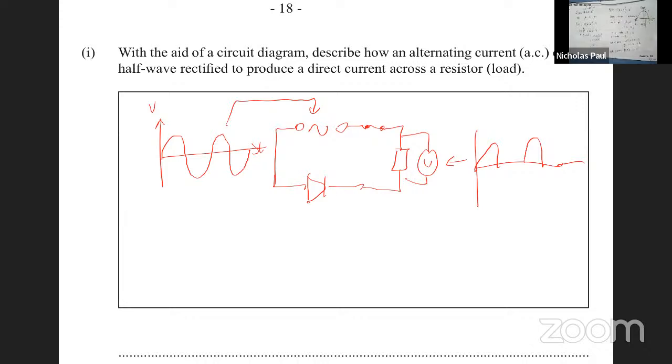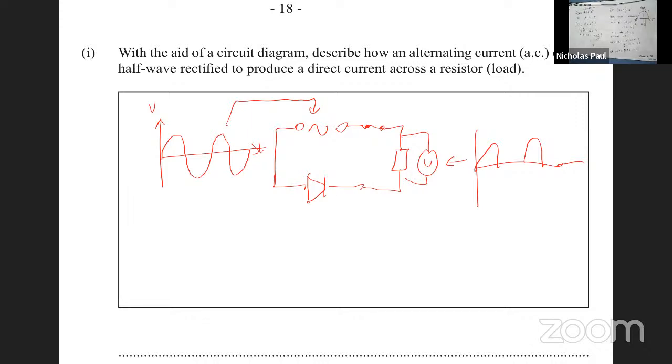Give them a small explanation of how it works, right? Get a good diagram of a tree line. All I'm going to tell them is that the diode conducts current in one direction only.